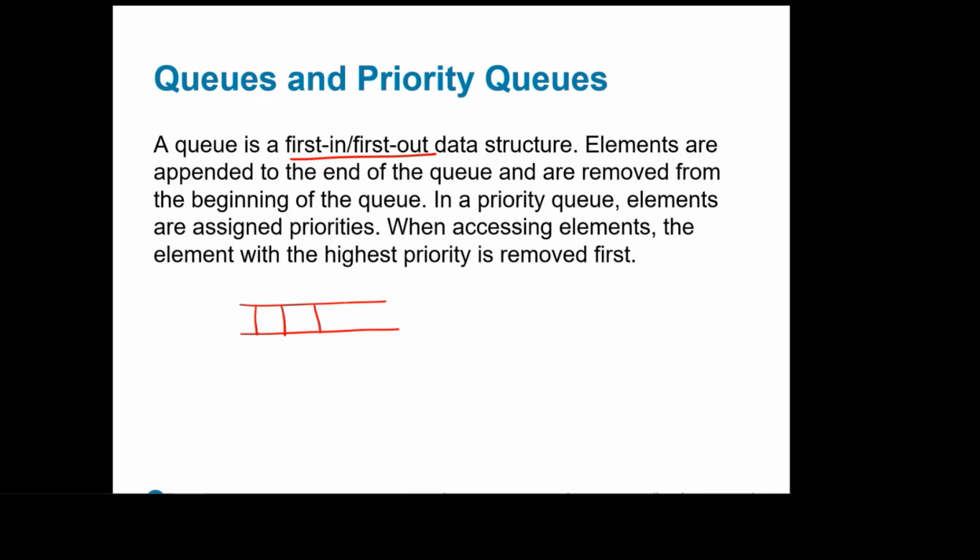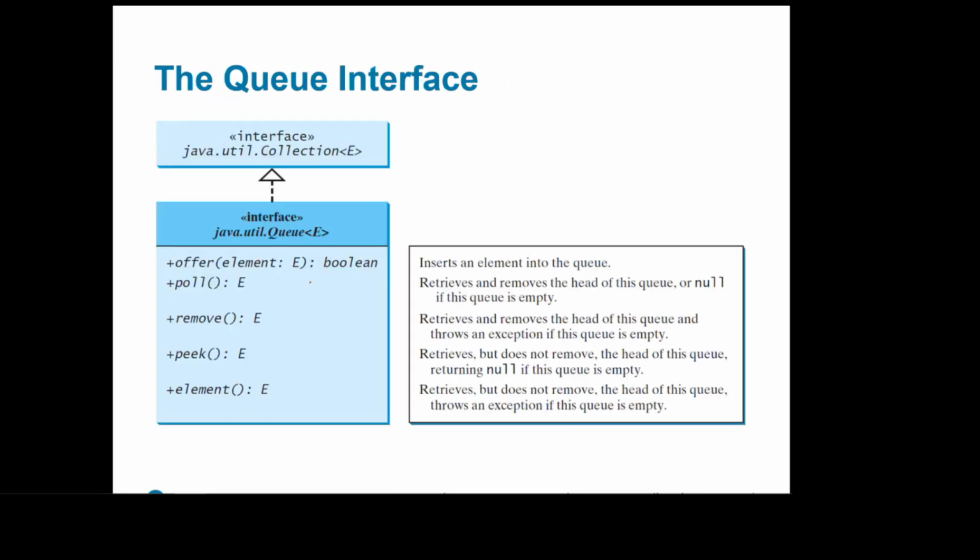So if I have a queue of size 5, now again, let's see the functionalities of queue. So offer is again similar to add. Poll is to retrieve and remove the head of the queue.